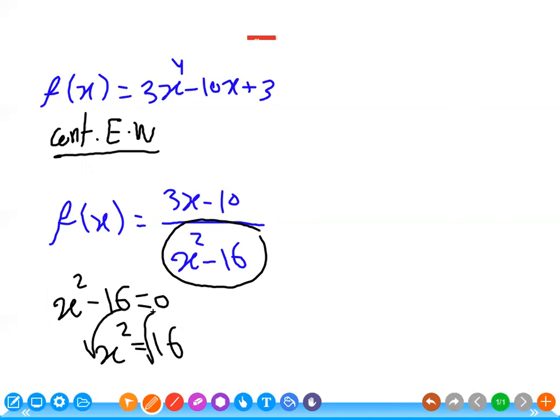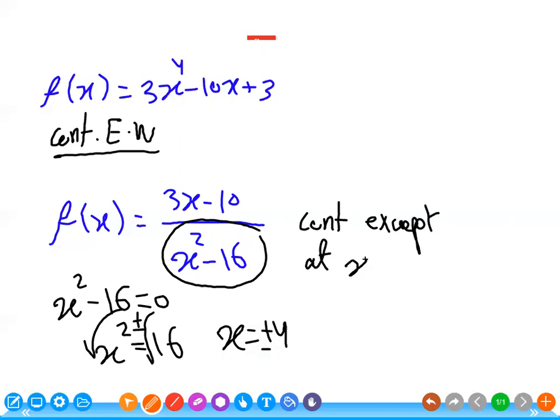Then you will use square root plus or minus. Whenever you use an even root, then you have to use plus or minus, not only for square root. Then it will be plus or minus 4. Then here we will say the function is continuous everywhere, except at x equals plus or minus 4.